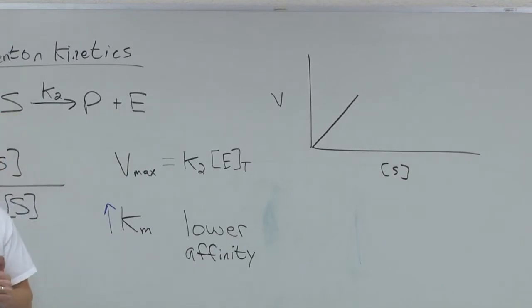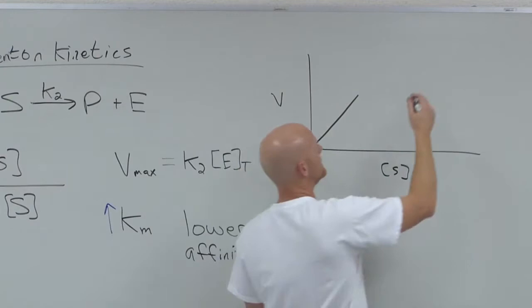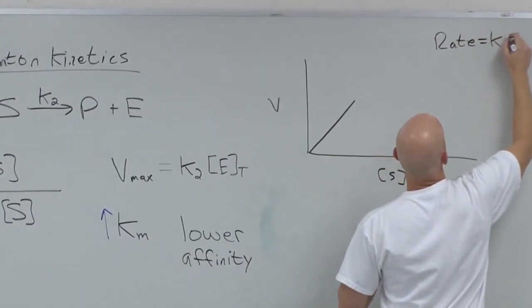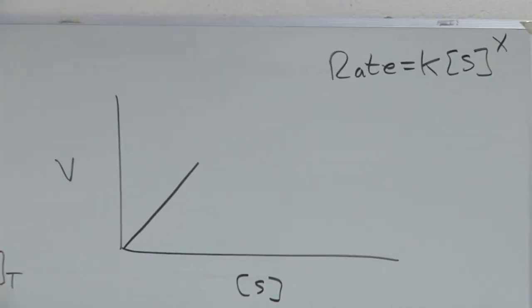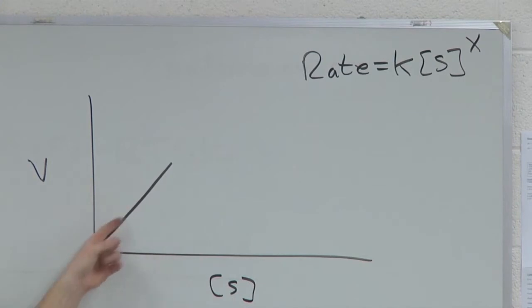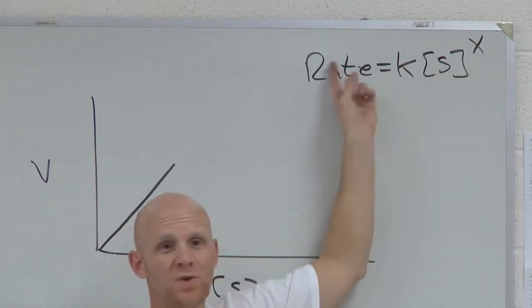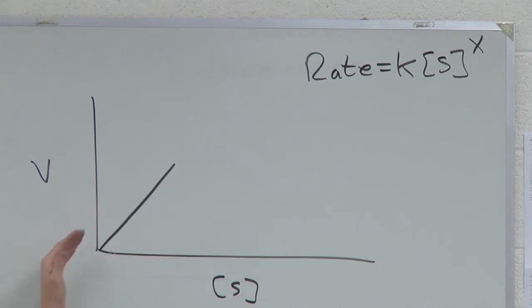And being that it goes up linearly, if you kind of looked at a rate law, so assuming this is linear, you double substrate, doubles velocity, triple substrate, triple velocity, all along this line. What order would that correspond to in a rate law? That corresponds to first order.